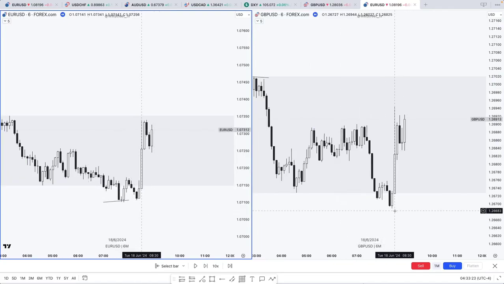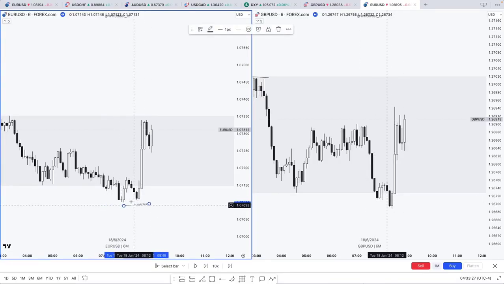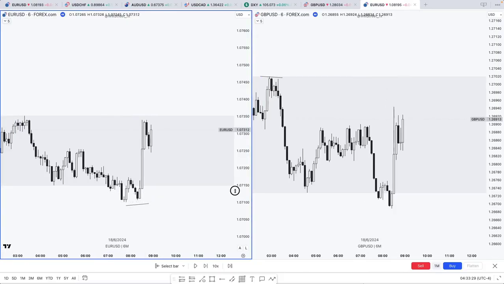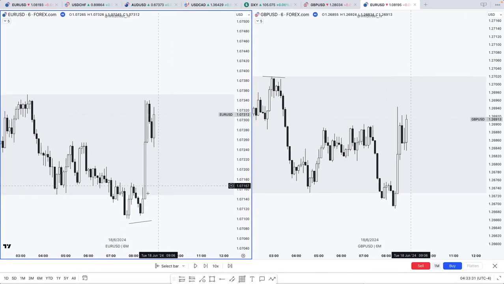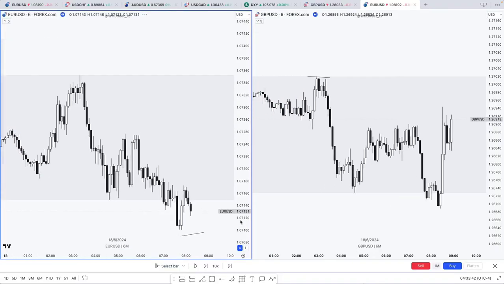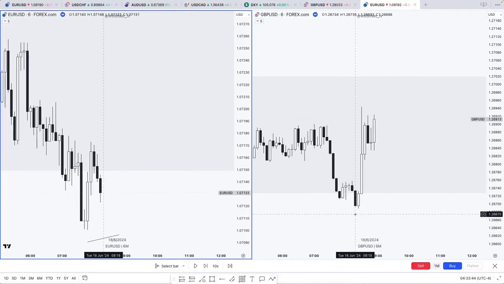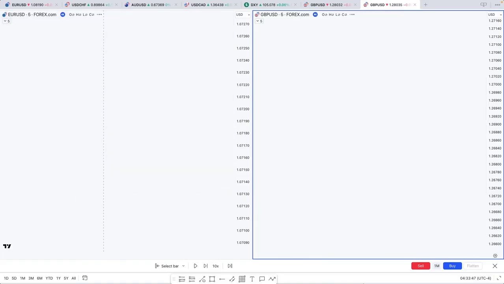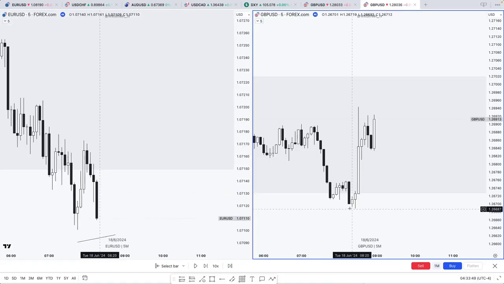So the news were at 8:30. I took the short and then the long. It was an easy day. So we want to go long before 8:30. I think I bought here in this case, I don't remember. So the low was made at 20.